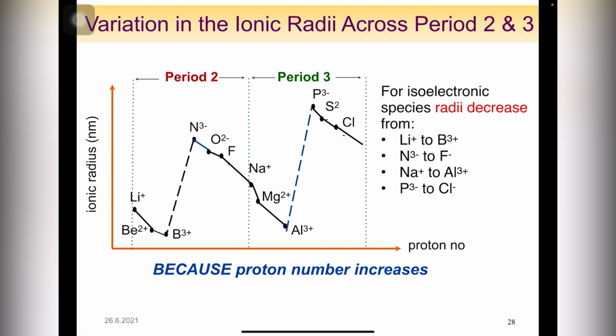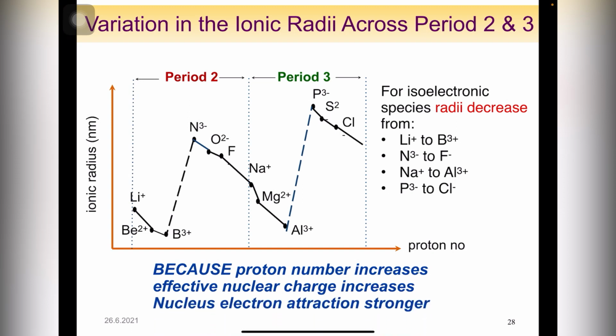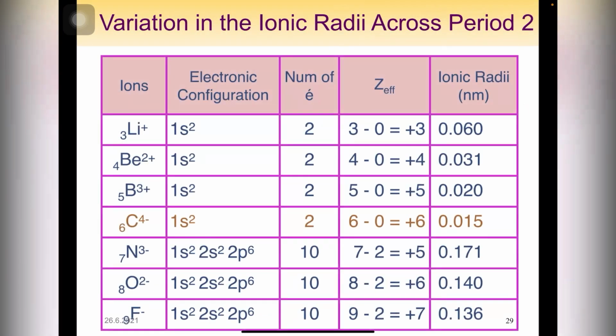Why does it happen? Because the proton number increases across the period, so the effective nuclear charge increases, and it causes the attraction between the nucleus and electrons to become stronger. That's why the ionic size decreases. This is the variation of the ionic radii across period 2.